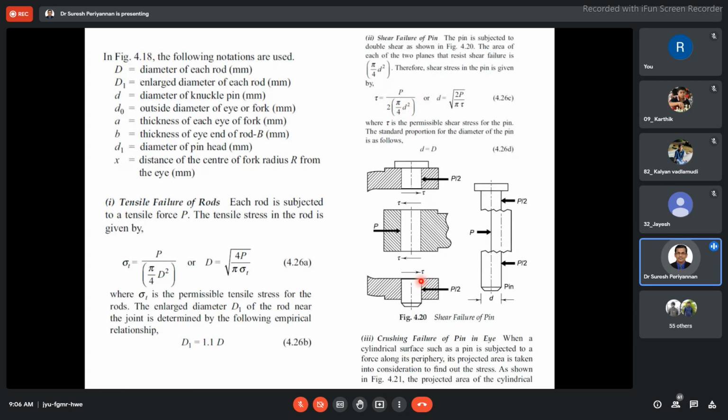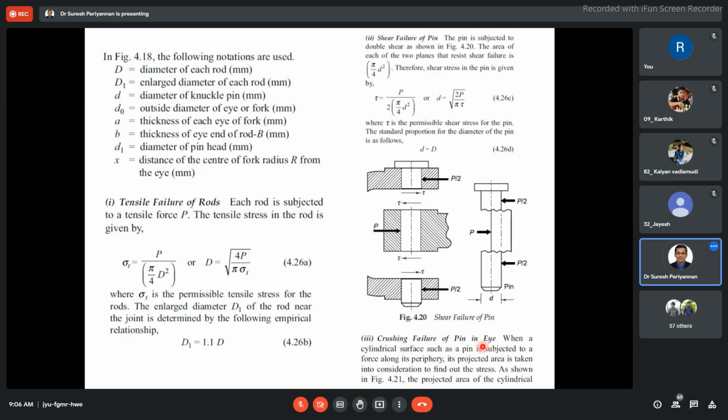Now I come to the crushing failure of the pin in the eye, when the pin is engaged with the eye. One is the eye end, another is the fork end. We are going to discuss for each component how the crushing failure is subjected into the pin. Now we are considering the pin engaged with the eye region. Based on that, we are interested in finding the crushing failure of the pin with the eye end.